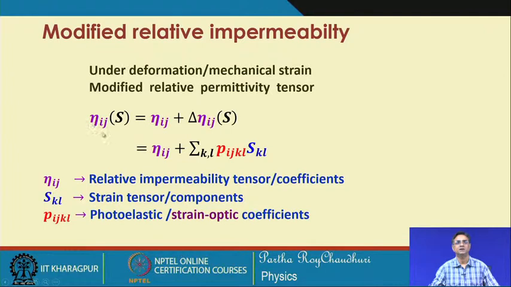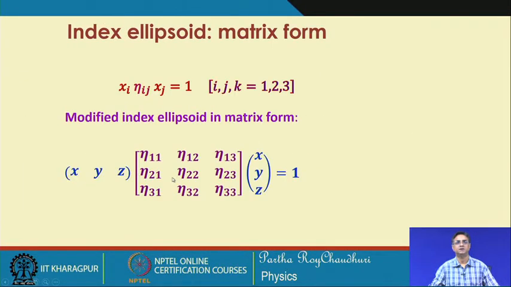So, this is the sum of the impermeability without the strain and the change in the impermeability in presence of the strain. The sum of these two is represented by this in the case of the modified index ellipsoid.